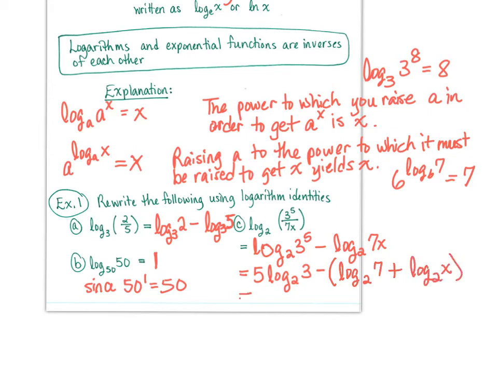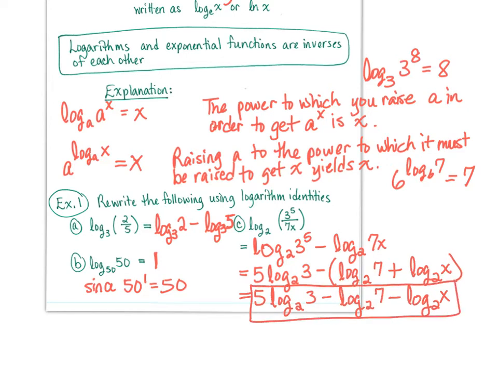And now we distribute our negative. So we have 5 log of 3 base 2 minus log of 7 base 2 minus log of x base 2, and this is our final answer here. Okay, so there you have it.